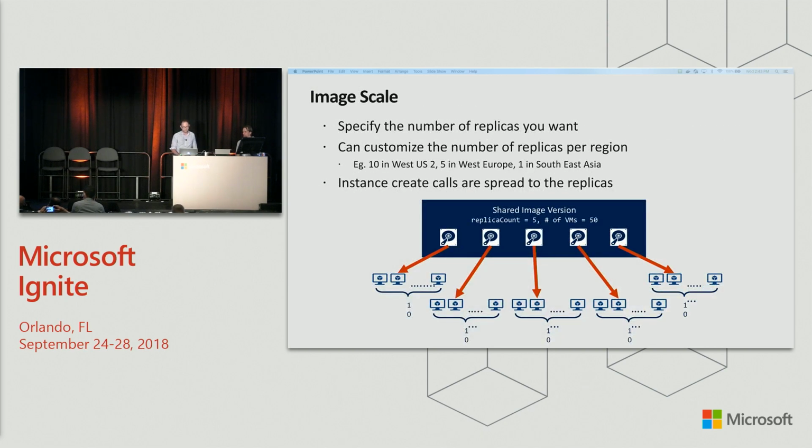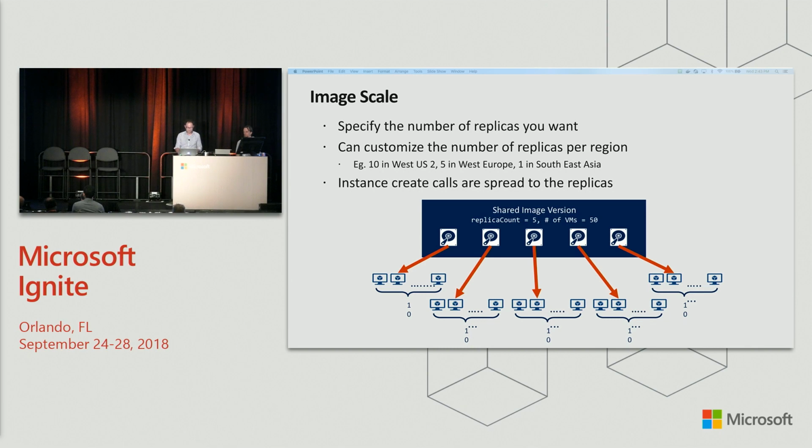I've also mentioned here that you have image scale. A key thing to note is you can set the image scale per region. So if I have a region where I do all my testing, I may only need one replica of a particular image version. However, for production, I may have multiple VM scale sets that I'm spinning up, and there I may want more replicas of a particular image.